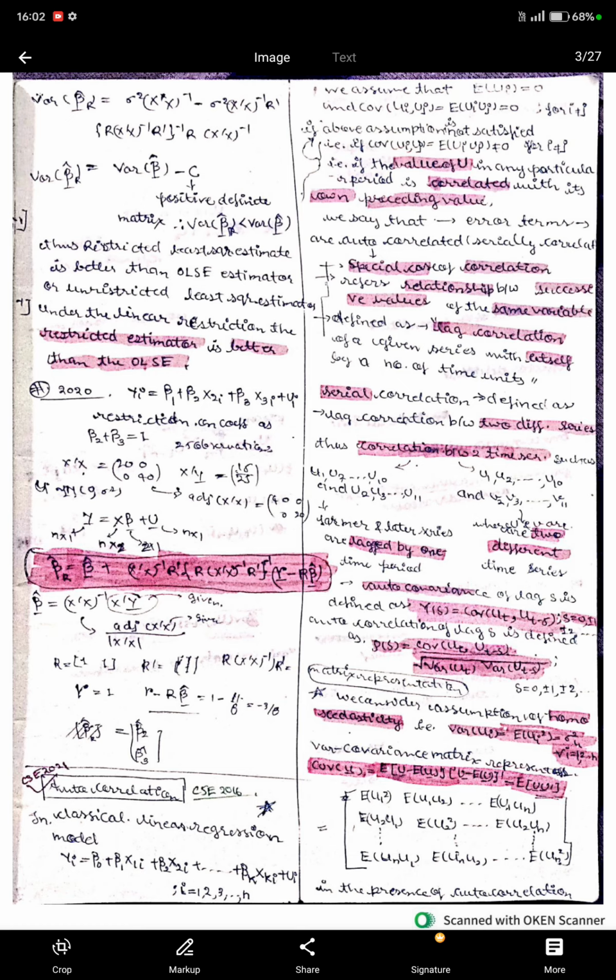Beta cap R equals to beta cap plus X dash X का inverse R dash in bracket R X dash X का inverse R dash to the whole inverse in small bracket small r minus R beta cap.